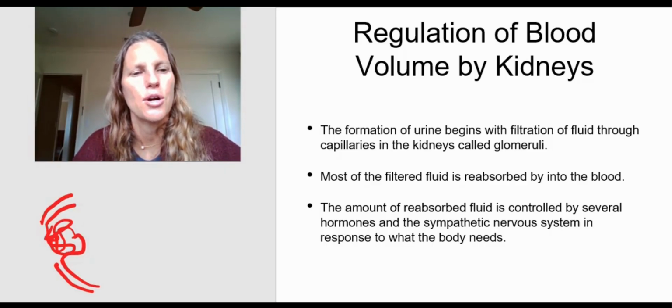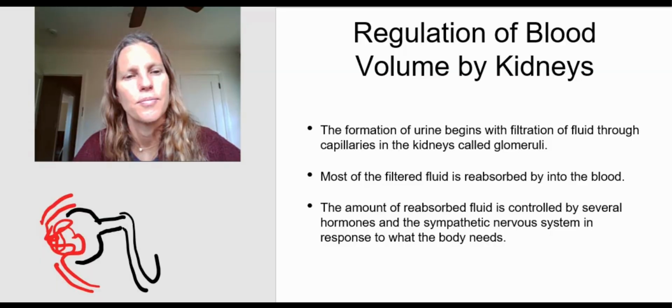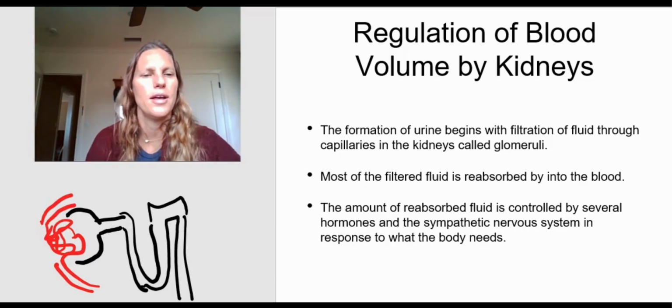Then we have our glomerular capsule, and then we have our ugly nephron.